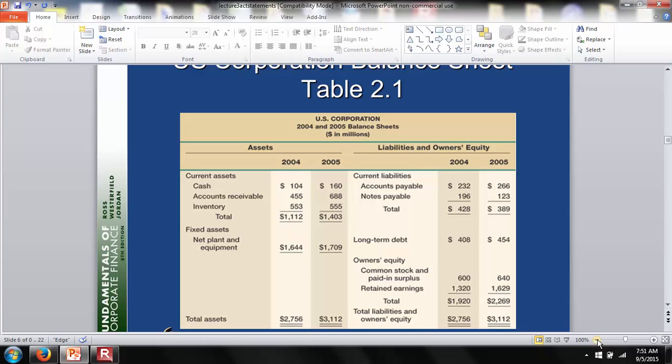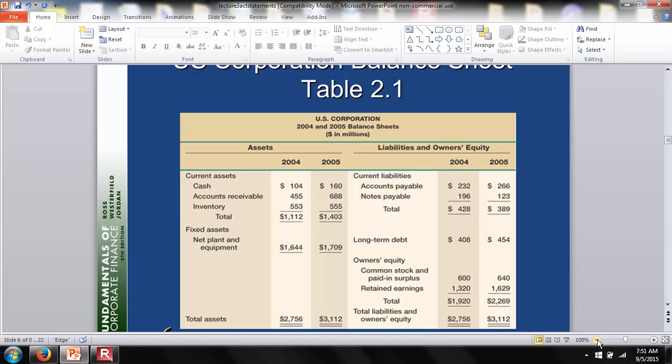The notes payable has gone down. That's a good thing. The firm has refinanced and paid off some of the short-term debt. The long-term debt has gone up a little bit from 408 to 454. So maybe it refinanced the short-term debt by issuing long-term debt, and retained earnings has gone up substantially by $300 million. So all those seem to be good things.